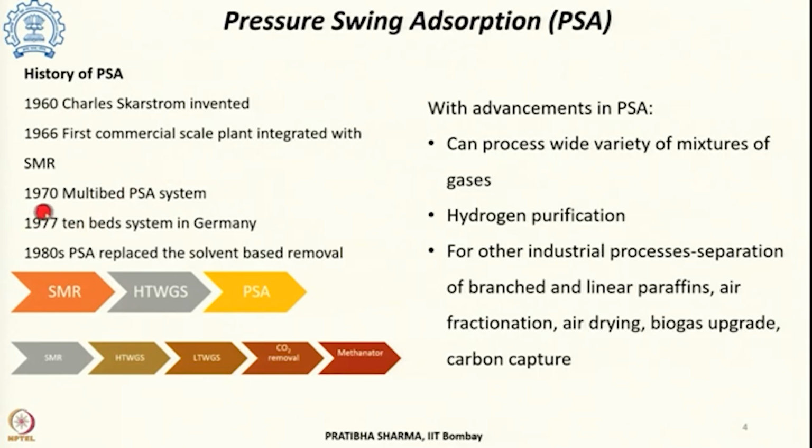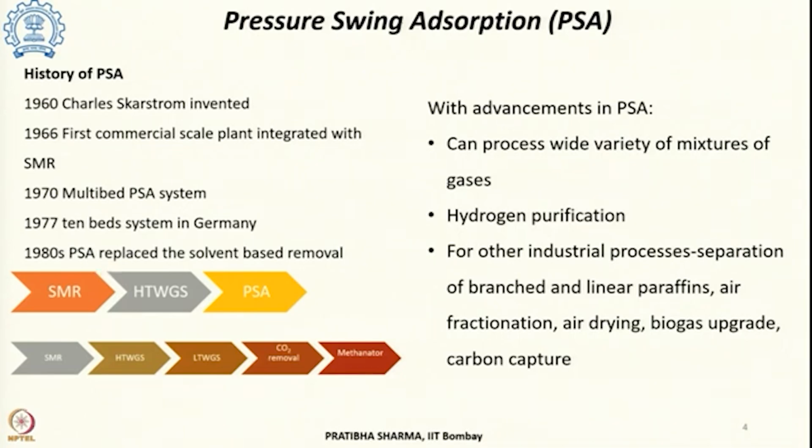In 1970 the multi-bed PSA system was installed. In 1977 a system with 10 beds was installed in Germany, and thereafter, after 1980, pressure swing adsorption became the major route for hydrogen purification, and that replaced the solvent based removal method.